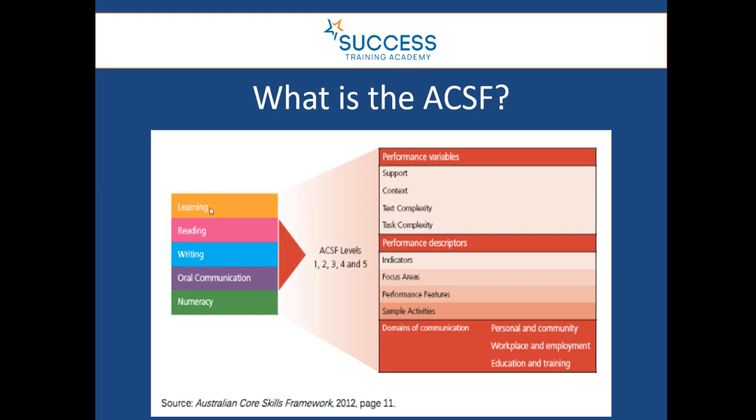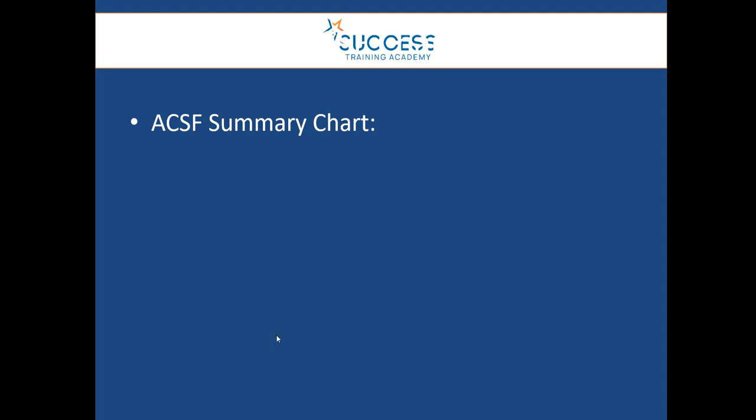So learning would have level 1, 2, 3, 4, or 5. Reading would be 1, 2, 3, 4, or 5. Writing 1, 2, 3, 4, or 5. Oral 1, 2, 3, 4, or 5. Numeracy 1, 2, 3, 4, or 5. And as I said, it's a book of levels. So when we go through it, you'll see that there are different chapters. In each of the chapters is a core skill. So this will be chapter 1, chapter 2, chapter 3, chapter 4, chapter 5. So let's take a look at the book in a little bit more detail, okay?